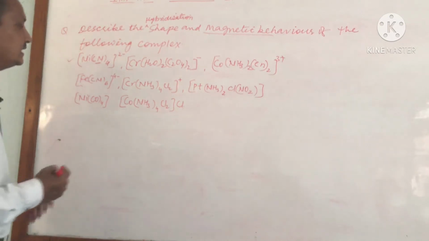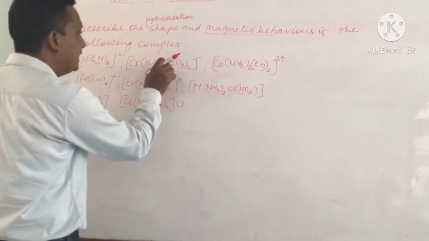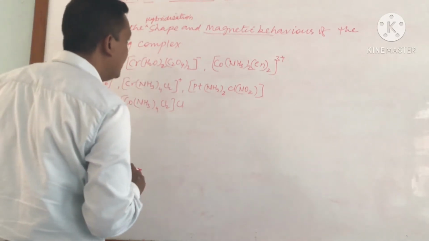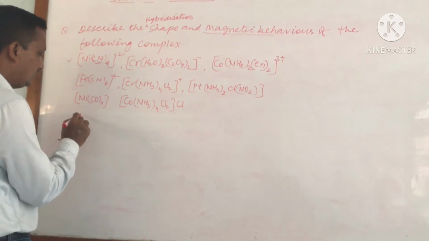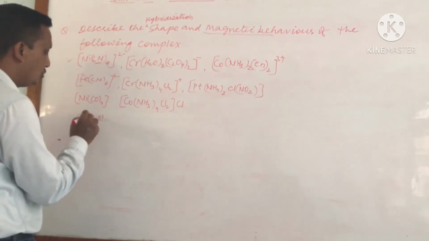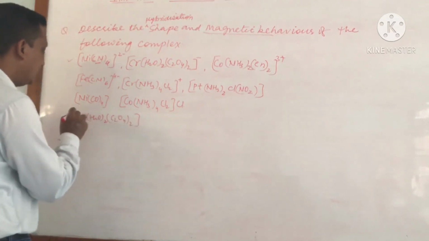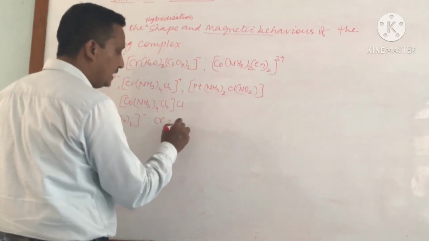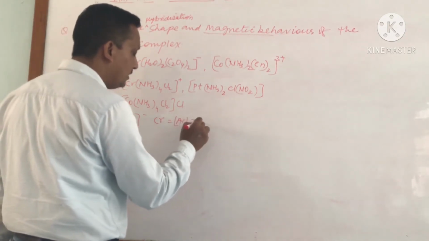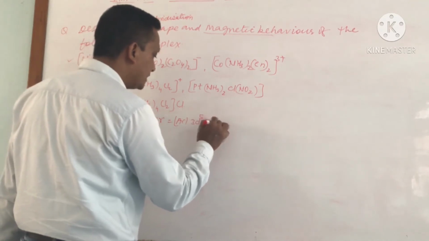The next molecule we are taking is [Cr(H2O)2(C2O4)2]-. So how can we find the shape, hybridization and magnetic behavior? In this molecule chromium is the central metal atom, and the electronic configuration of chromium, we know, is 3d5 4s1.